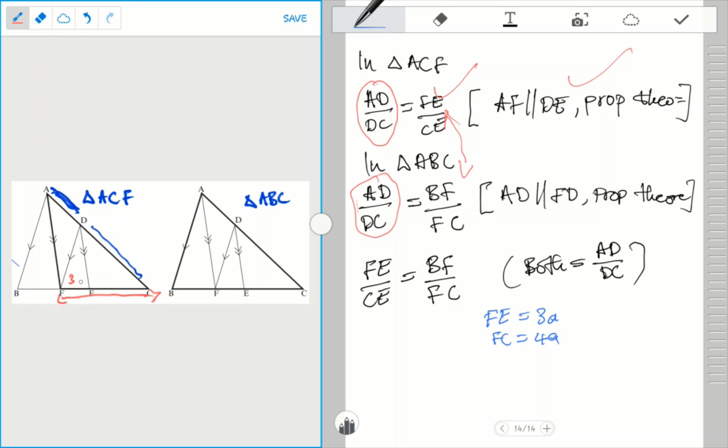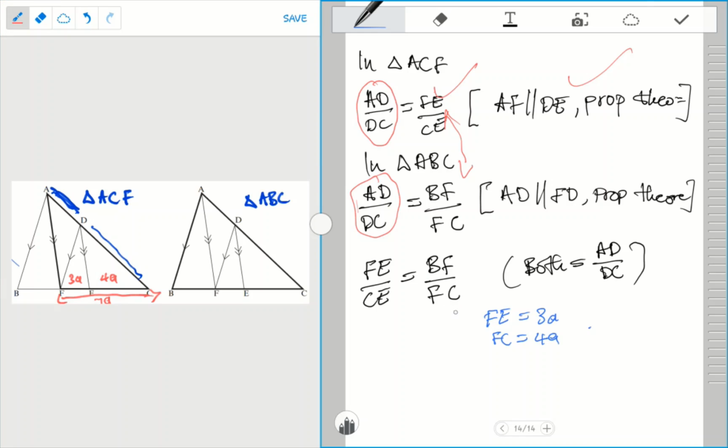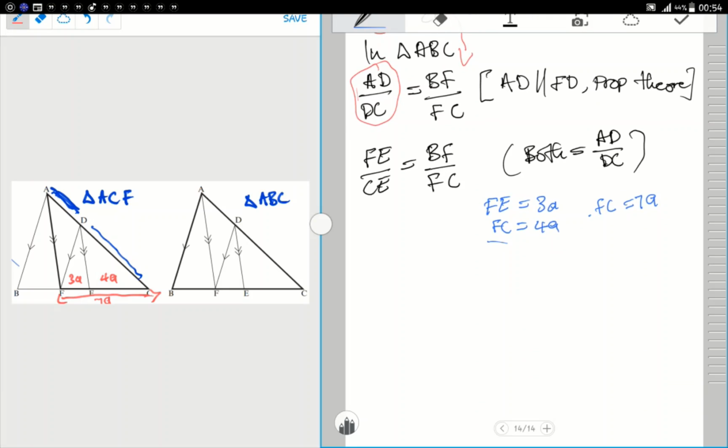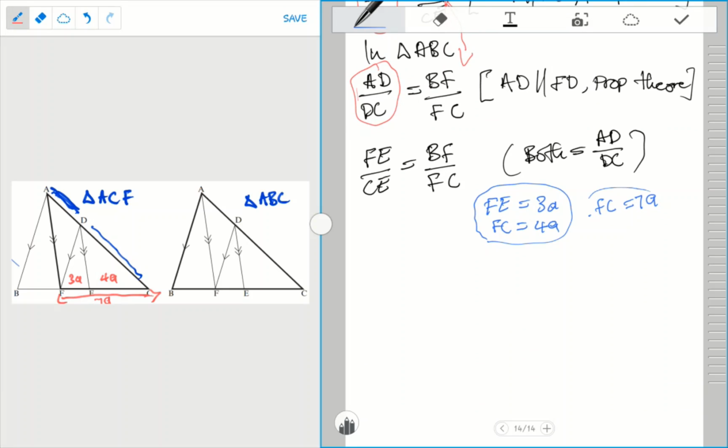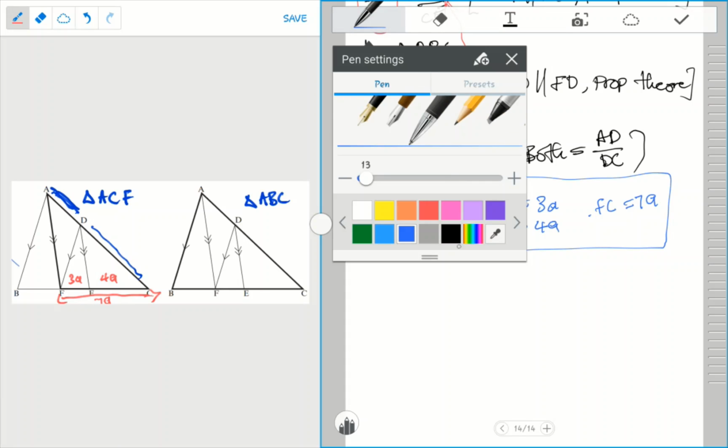Basically there was 3a here and then 4a here. It means we are adding them to be 7a, so FC is 7a. So already we have these, and we can try and substitute and get the unknown value.